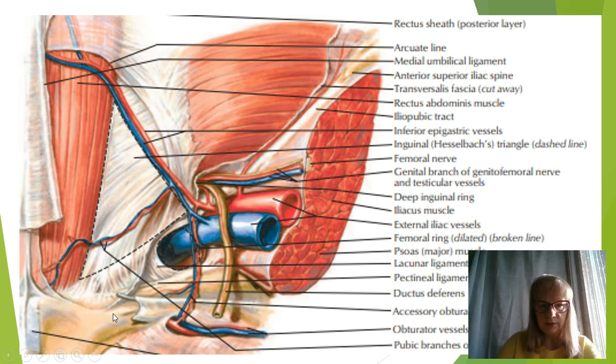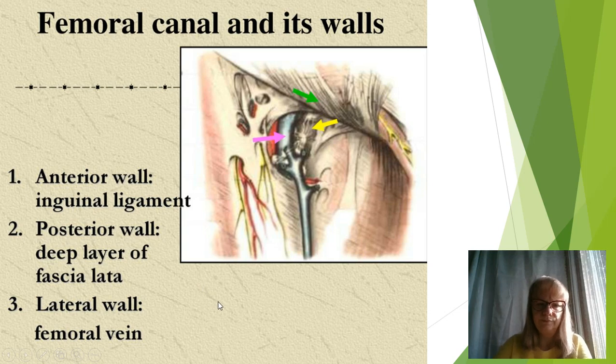You see, it's located above the upper pubic branch of the hip bone. Okay, and then through the femoral ring the hernia rises, so it becomes the hernial inlet.